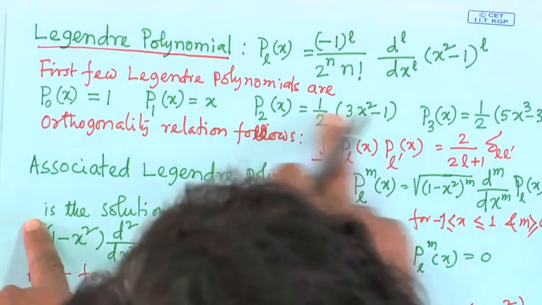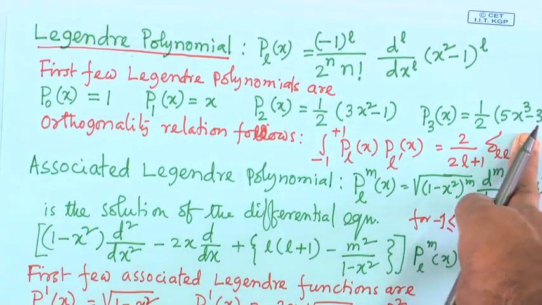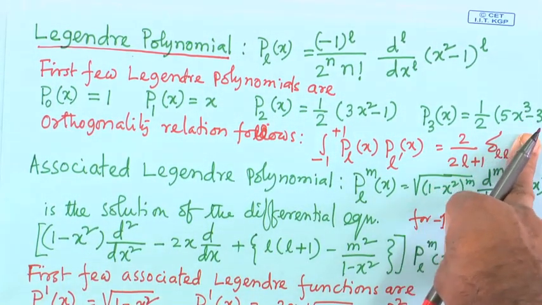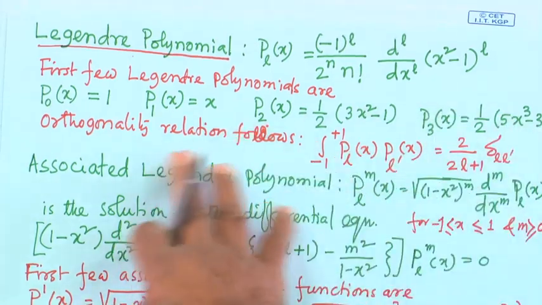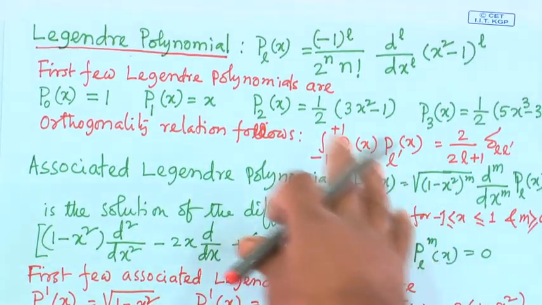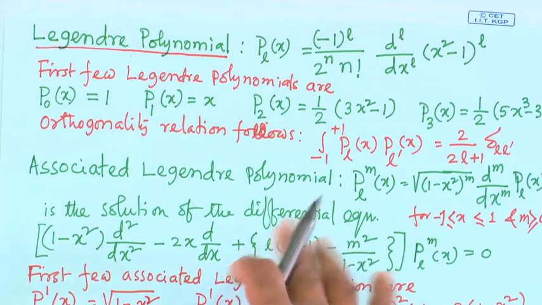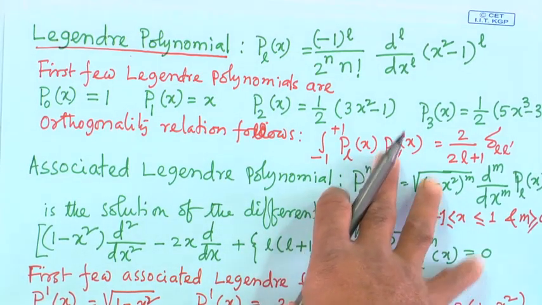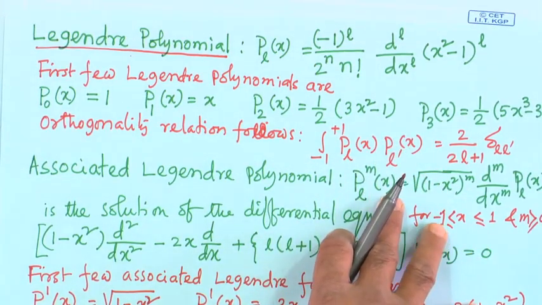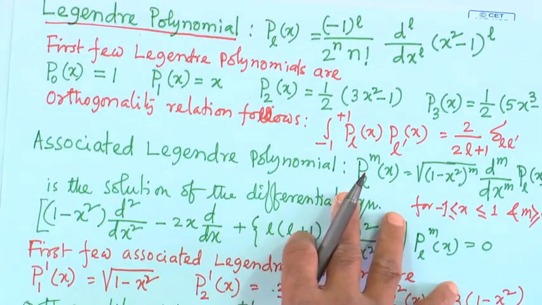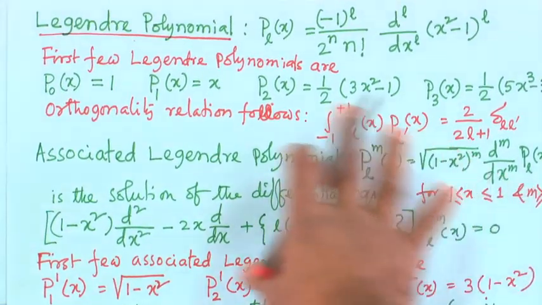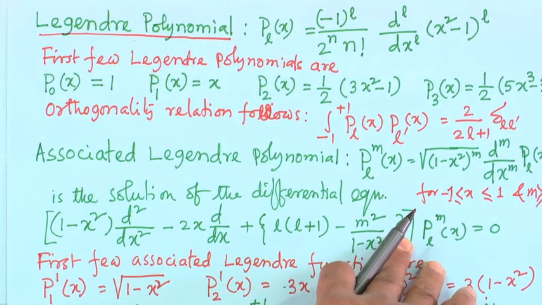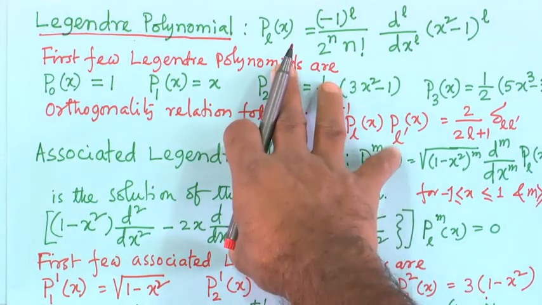These are the forms of the Legendre polynomials for different values of L. Similarly, they follow the orthogonality relation. These are standard, available in mathematical methods, and you will get all these characteristics and different terms for different values of, in this case, L.